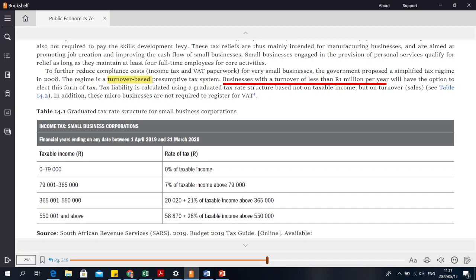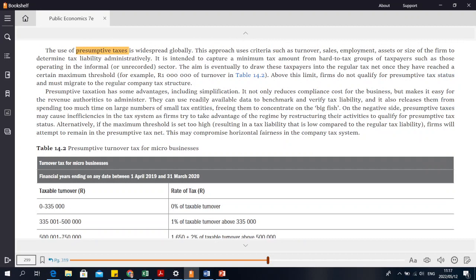So in table 14.1 they have the income tax on cash flow, and then they have at 14.2 the rates for a turnover tax. So a company can choose between the two. Now you obviously don't have to know the tax rates and the tax brackets and so on.